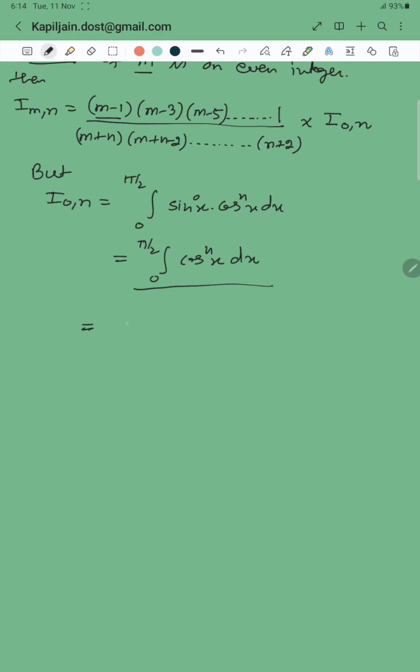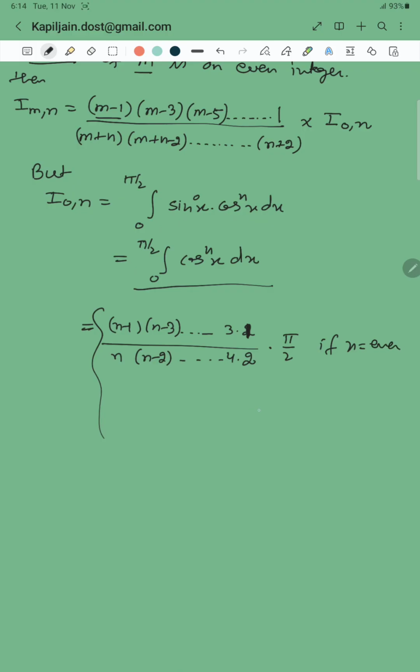So this is equal to (n minus 1)(n minus 3)(n minus 5) and so on, 3 into 1, divided by n into (n minus 2)(n minus 4) and so on, 4 into 2, and this multiplied by pi by 2 if n is even, and this multiplied by 1 if n is odd.